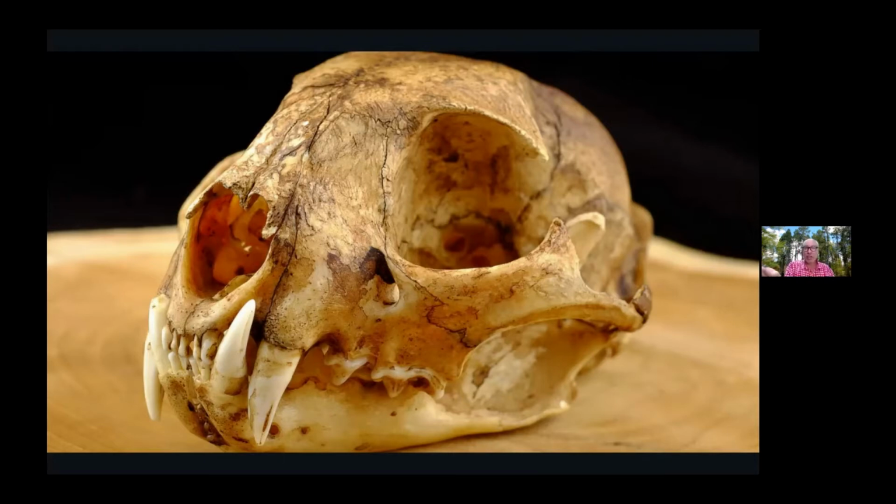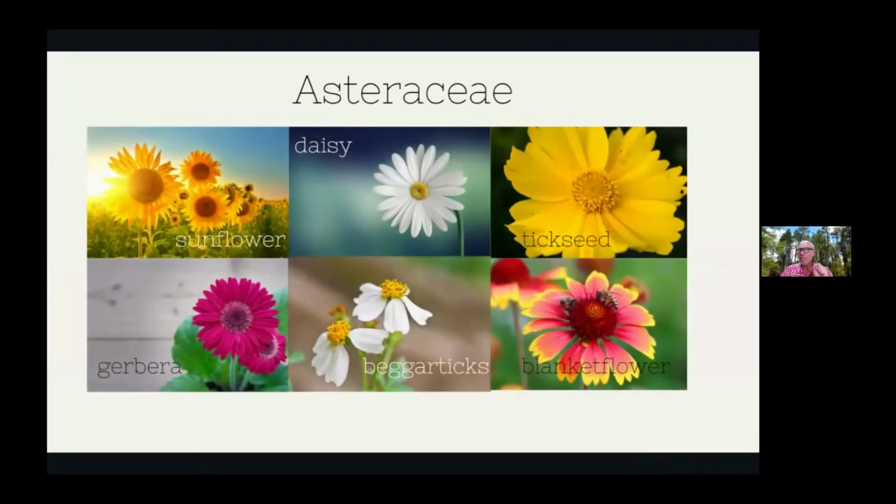A cat skull of one species has the same construction as a cat skull of another species. Plants are just the same, only it's much easier and less painful or challenging to take plants apart as it is to take things like cats apart, which is how we can study plant morphology a little bit more easily.